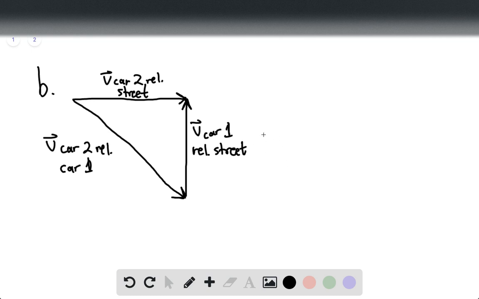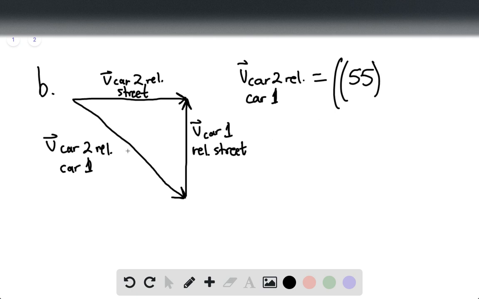So we can say that the velocity of car 2 relative to car 1 is going to be equal to 55. And again, this is going down.